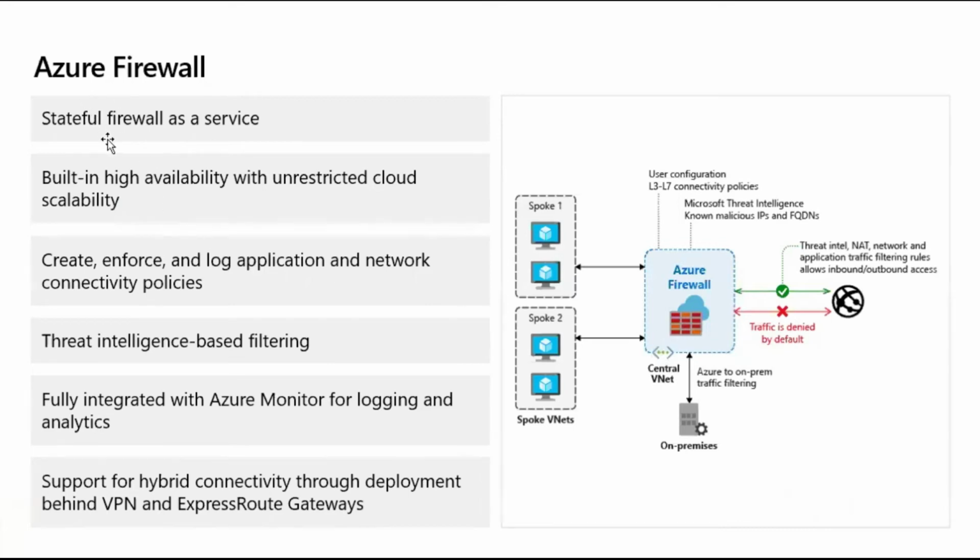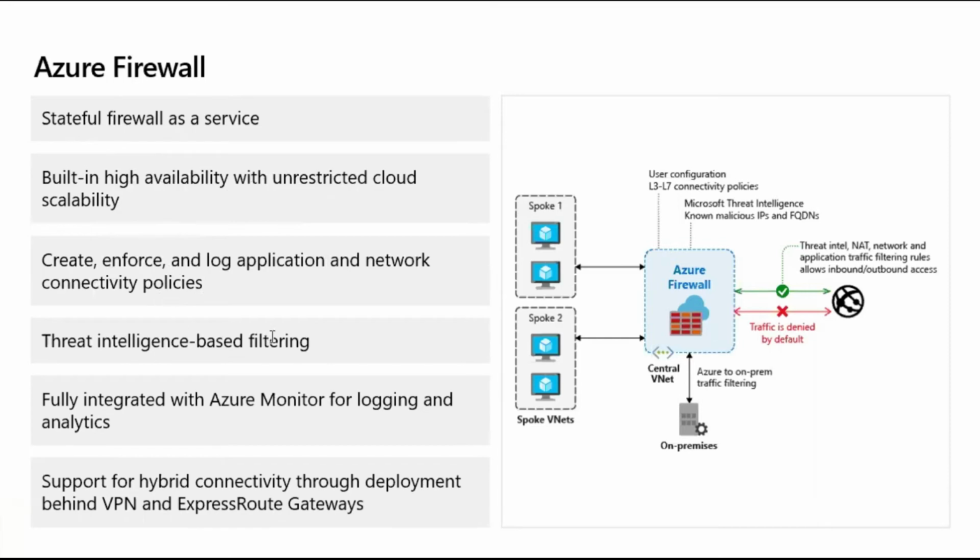This is a stateful firewall as a service. Stateful means it will keep track of the information. It will save the information. It has built-in high availability with unrestricted cloud scalability. You can create, enforce, and log application and network connectivity policies.